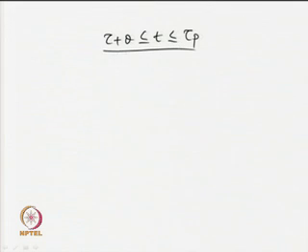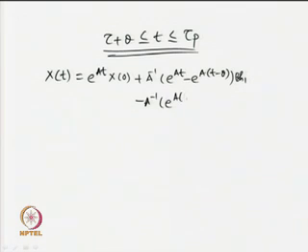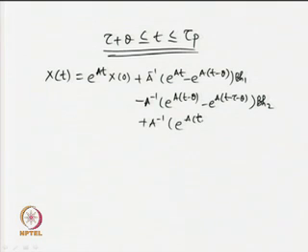to tau p. The state variable will assume the form e to the power A t x(0) plus A inverse [e to the power A t minus e to the power A(t minus theta)] B h1 minus A inverse [e to the power A(t minus theta) minus e to the power A(t minus tau minus theta)] B h2, then plus A inverse [e to the power A(t minus tau minus theta) minus the identity matrix] B h1.